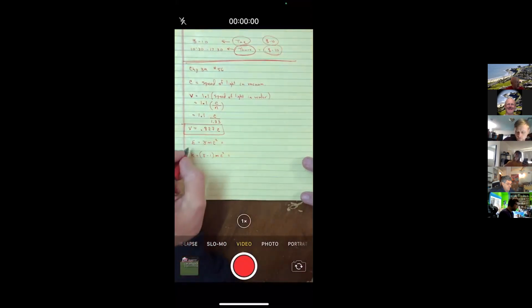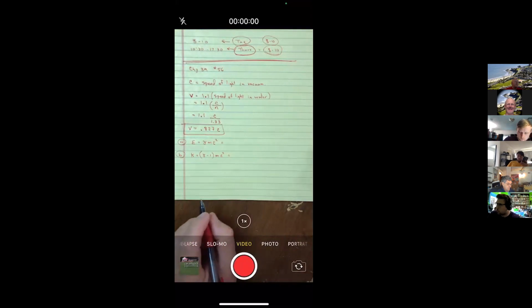And so these are our two pieces. This A, what's the total energy? And then B, what's its kinetic energy? And then we'll get into momentum here next, because there's a couple ways we could do momentum.